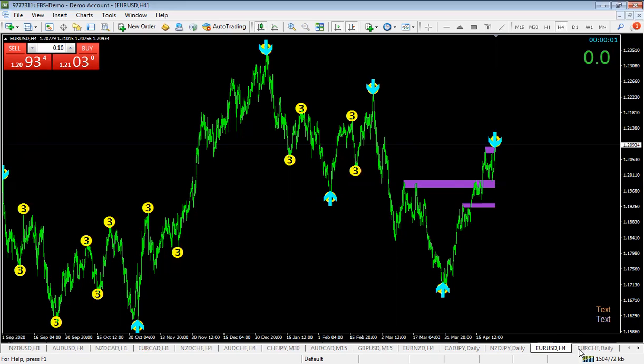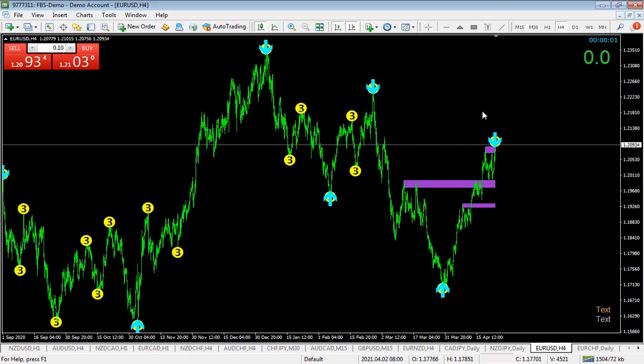So let's see. Some people jumped into this already when the market was somewhere there. Right. I have some friends who showed me already and said, yeah, the market is bouncing twice.